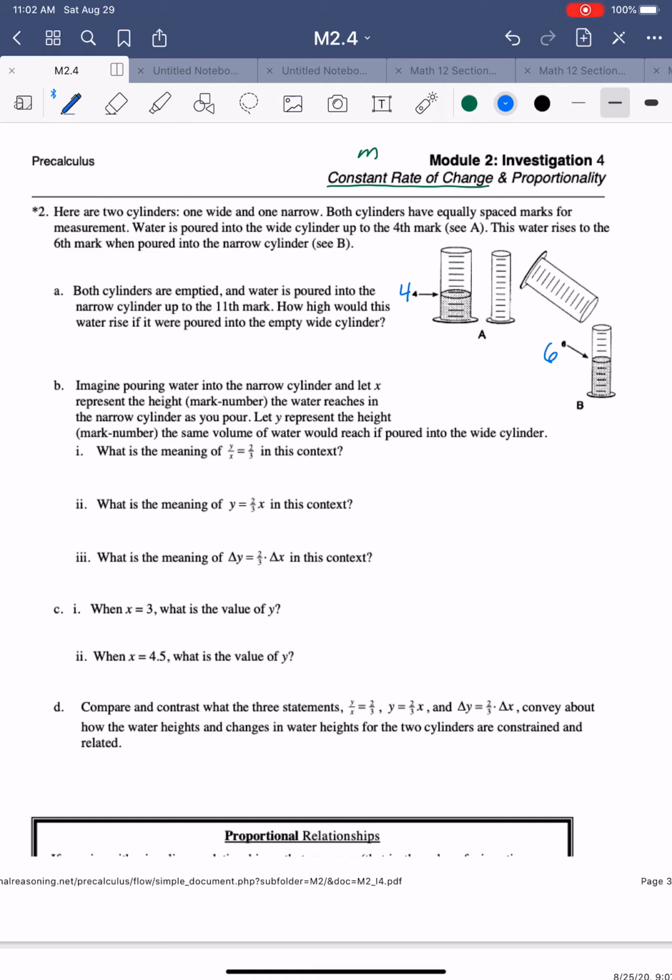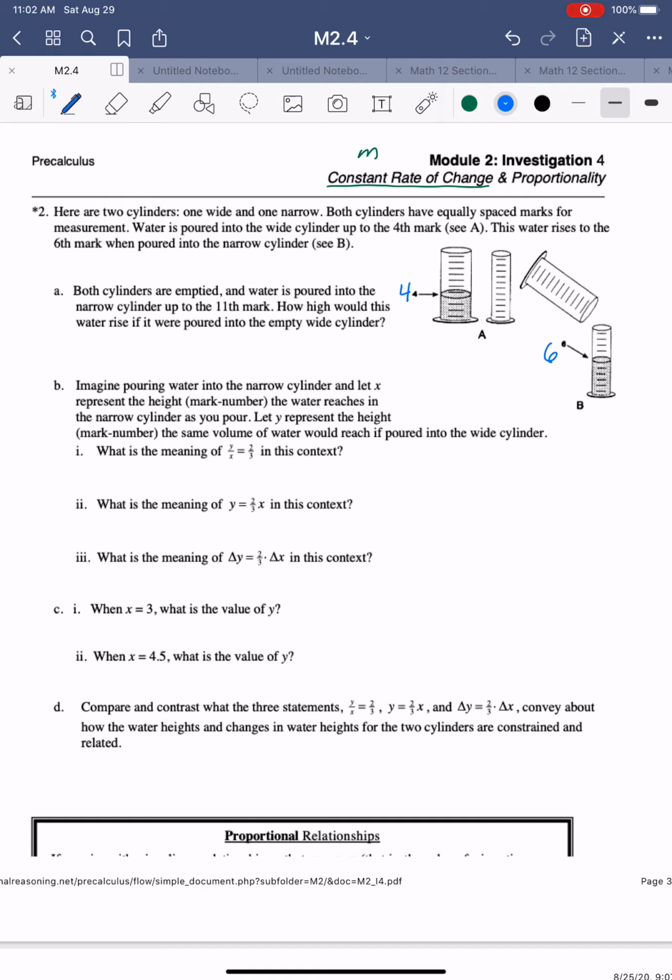A: Both cylinders are empty and the water is poured into the narrow cylinder up to the 11 mark. How high would this water rise if it's poured into the empty wide cylinder?